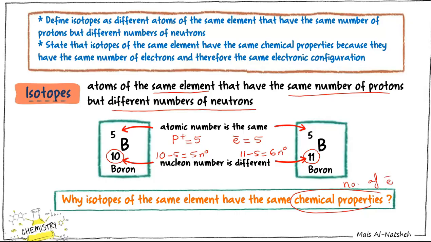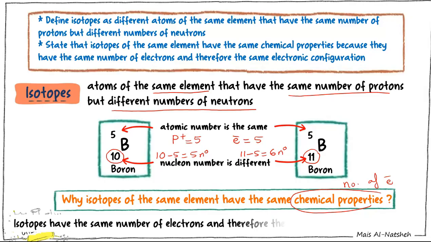We told you before that the number of protons is the same and therefore the number of electrons would also be the same for isotopes. So, because isotopes have the same number of electrons and therefore the same electronic configuration, they will have the same chemical properties and react in a similar way.